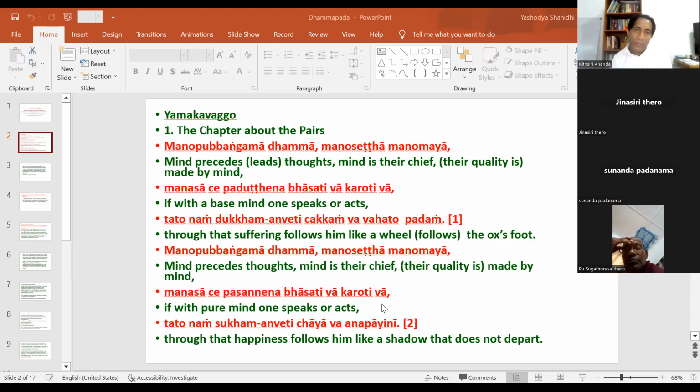Tato nam sukham anveti. Now, the metaphors, similes and examples used by the Buddha are of great value. Now you can see the evil consequences follow just like the wheel follows the foot of the cow, the ox or the bull.